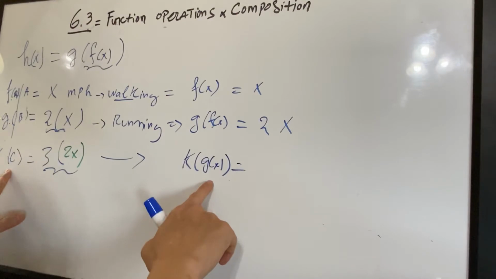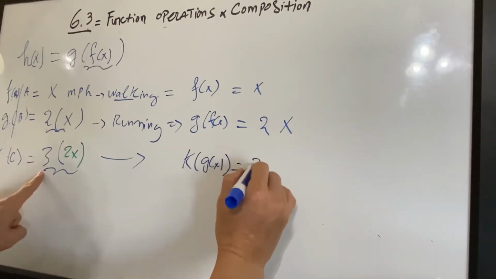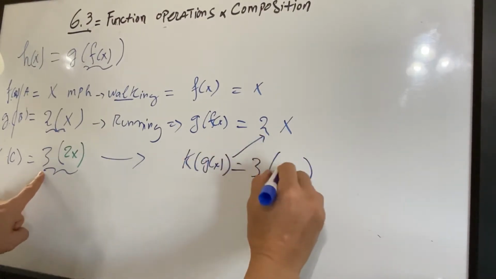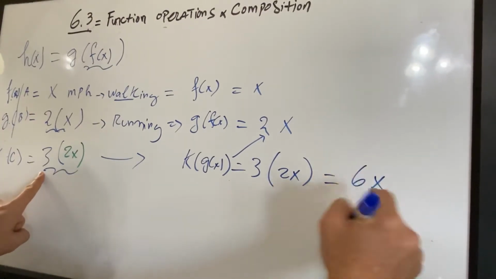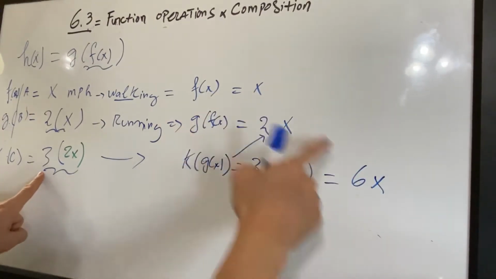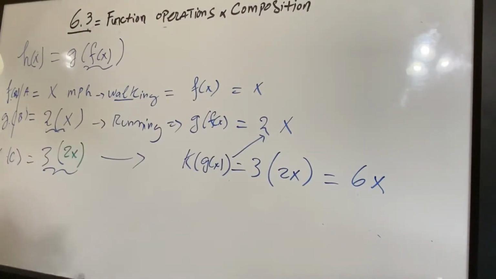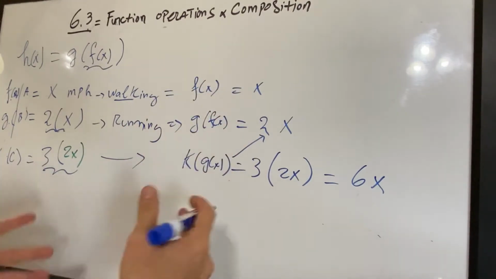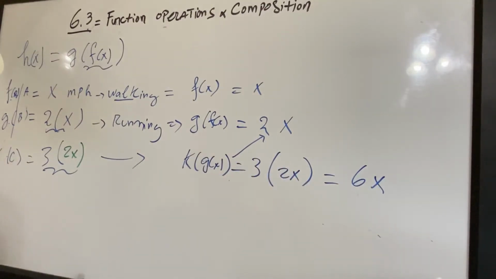We know that student C is 3 times g of x. What is g of x? Oh, there we go. So this guy is technically 6x, which is 6 times the walking guy. Ladies and gentlemen, the concept of this right here is called composition of functions, composite functions. I hope this makes perfect sense for you.